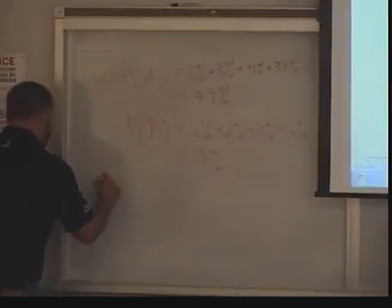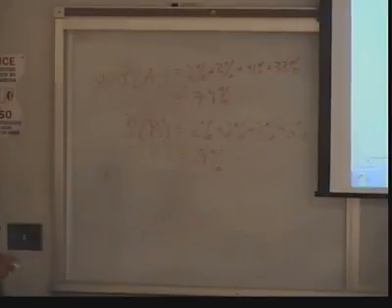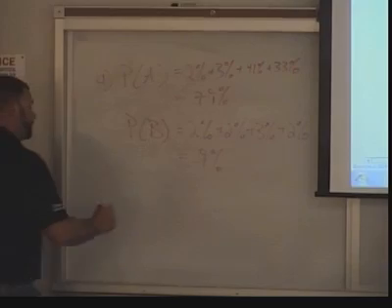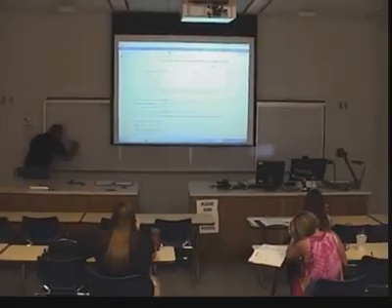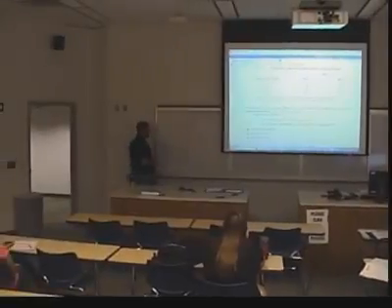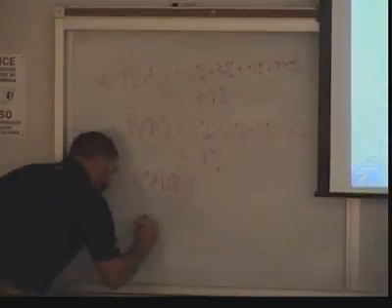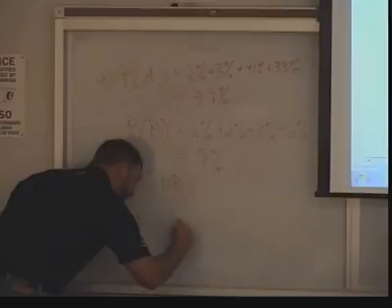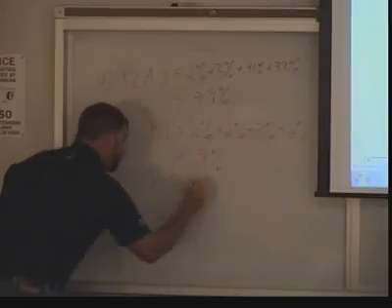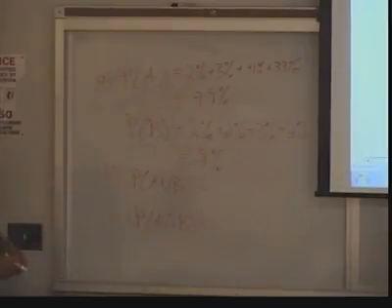Now part B, the intersection isn't very hard. The union we have to think about though. So we're going to find the probability of one or the other happening, or the probability of both happening. So let's talk about the intersection first.